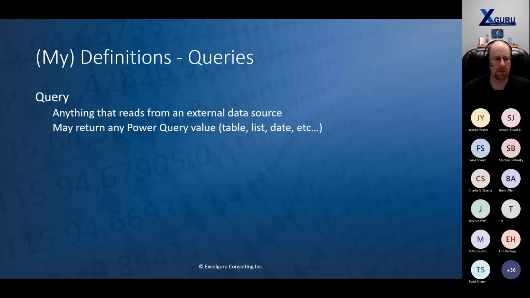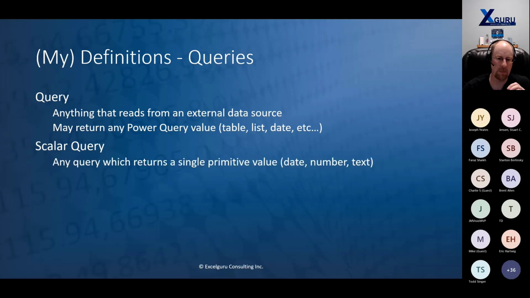We also get into the concept of scalar queries. Scalar queries are queries, but they have a specific use case where they return a single primitive value. That's my definition. What this means is it's a query that returns a single date, a single number, or a single text-based value.